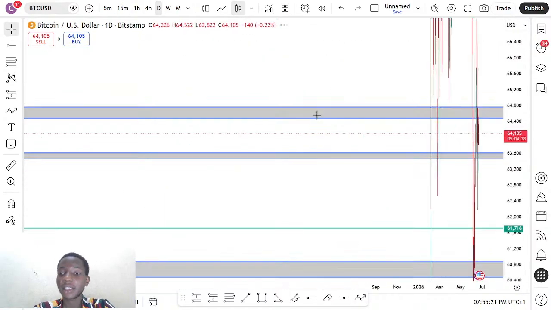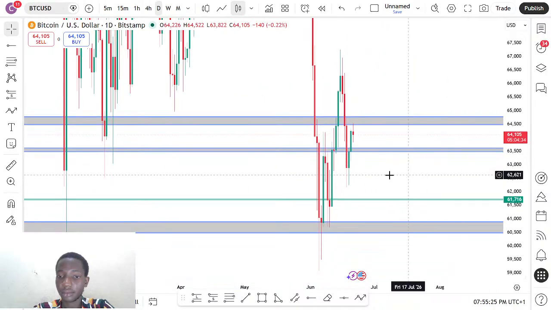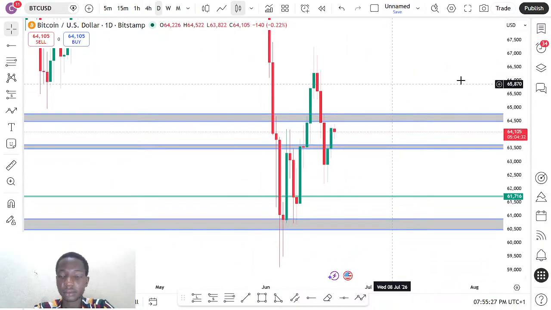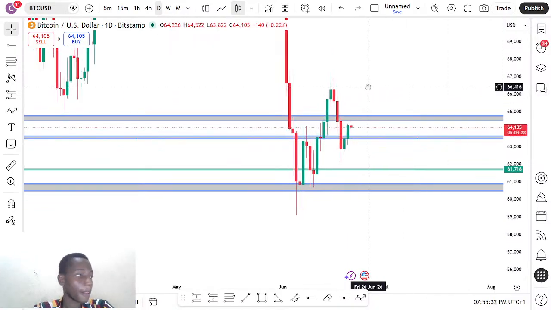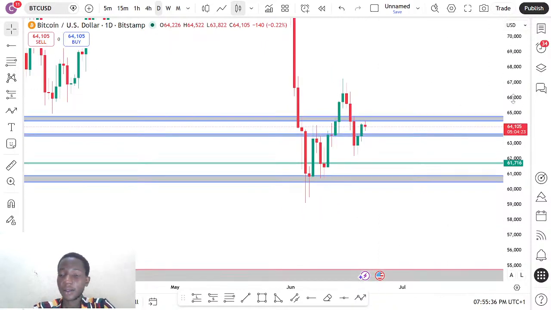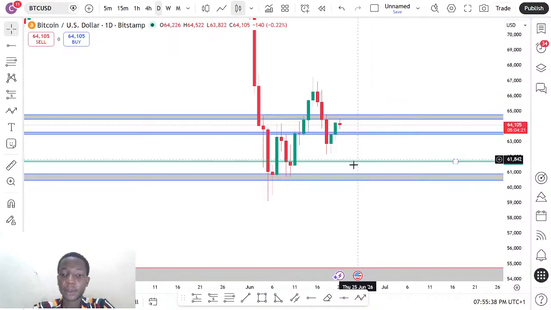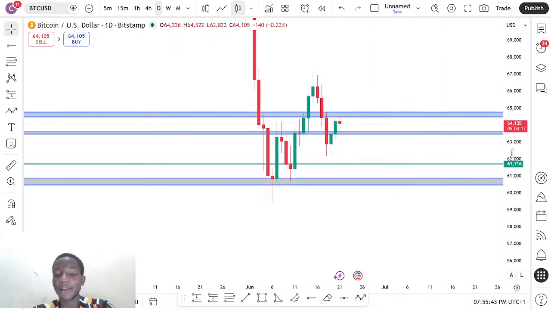So before I start, let me go to the time frame and show how I marked the zone. This one here, I marked the zone from the daily time frame.